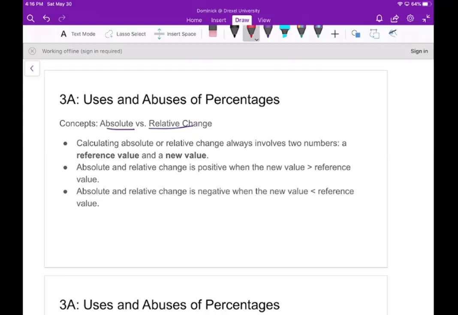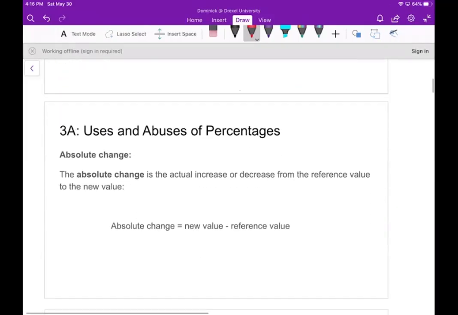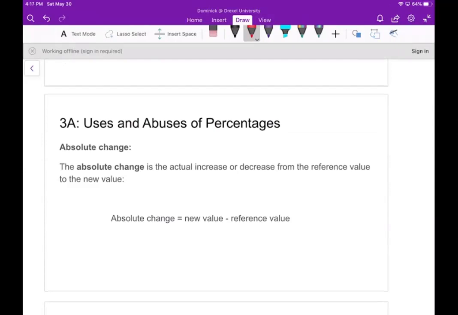You're always going to have a reference value, which I'll sometimes call the old value, and the new value, right? So of course your change, whether it's absolute or relative, will be positive when the new value is bigger than the old value or bigger than the reference value. And of course your change will be negative when the new value is smaller than the reference or the old value.